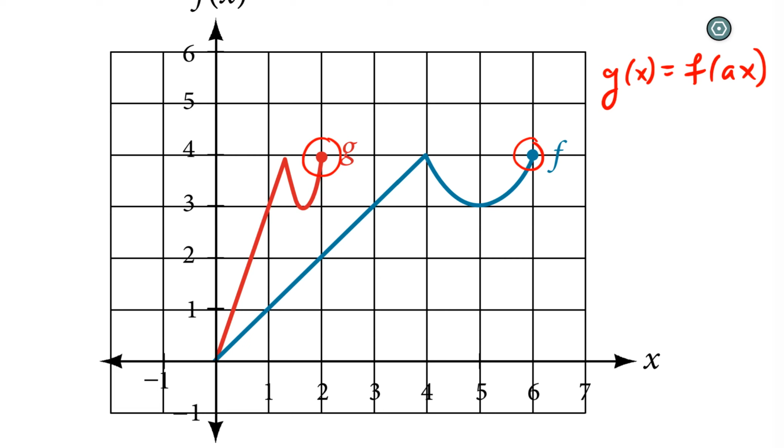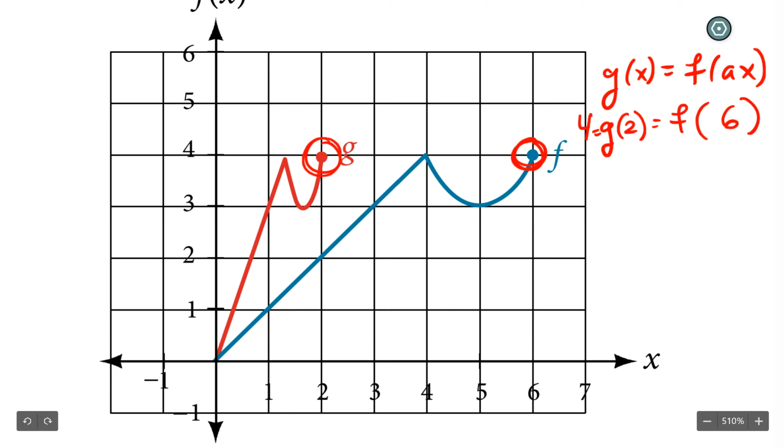My first thing that comes to mind is comparing these two points. They seem to be pretty well connected. If I look at g of 2, which is actually 4, this is the same thing as f of 6.